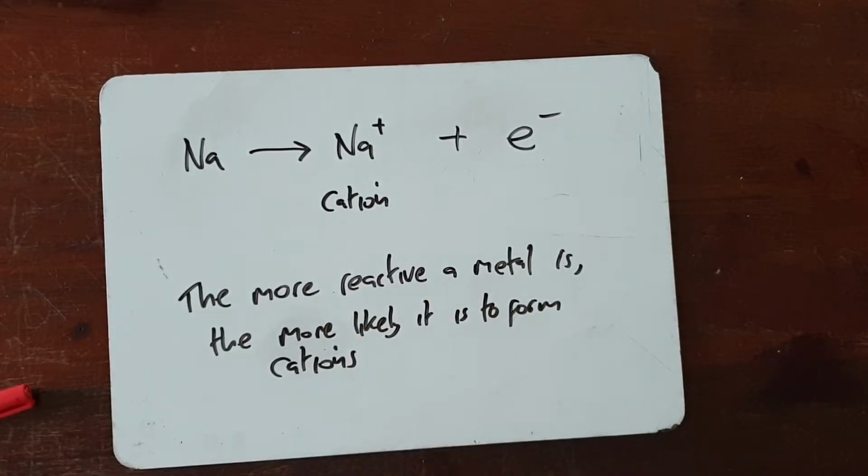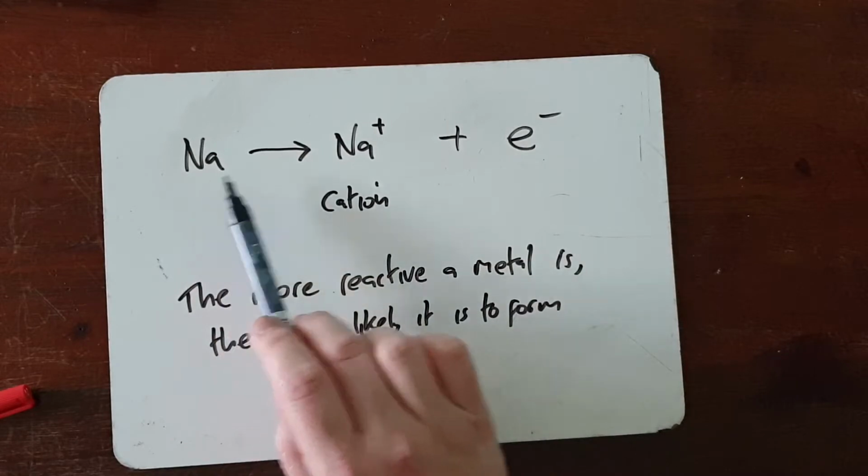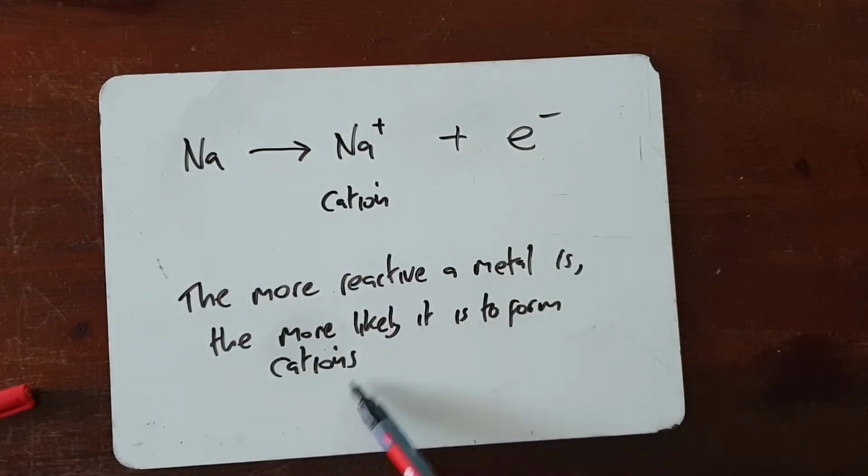So remember, all metals are losers in terms of they want to lose electrons. If they lose an electron, they're going to form a cation. Very reactive metals form cations incredibly easily. So the more reactive a metal is, the more likely it is to form a cation.